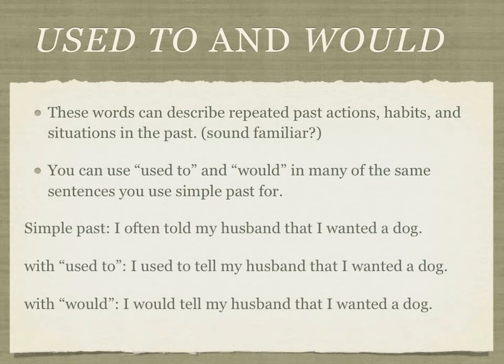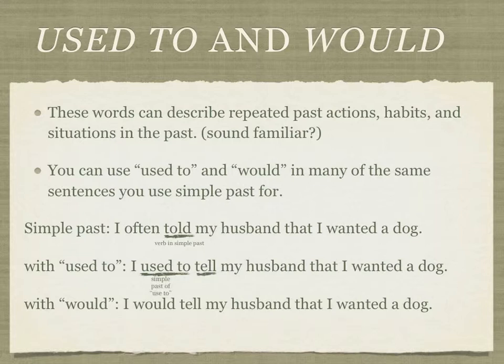A simple past sentence is, I often told my husband that I wanted a dog. Told is in the simple past. The same sentence with used to says, I used to tell my husband that I wanted a dog. Used to plus tell.